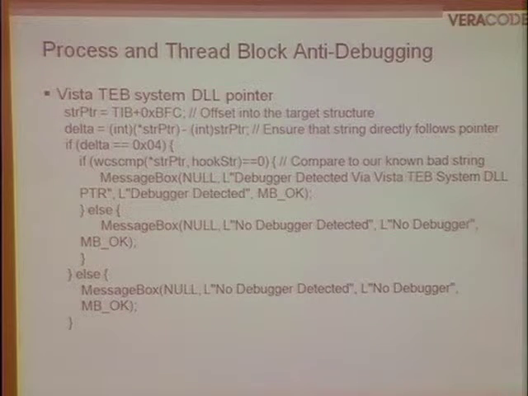I'm not sure why they changed that, but essentially what we can do is get our thread pointer, look at the offset of BFC, and make sure it points directly after itself, which is just kind of a double check. You don't really need to do that, but points directly after itself, and then check that string.